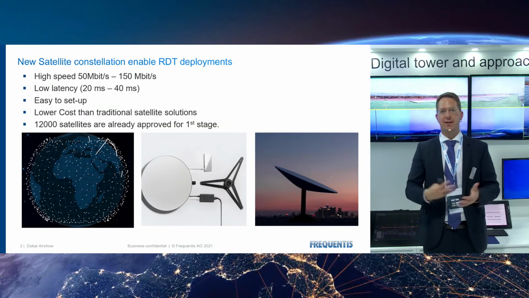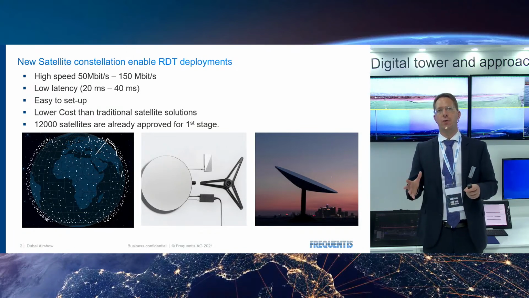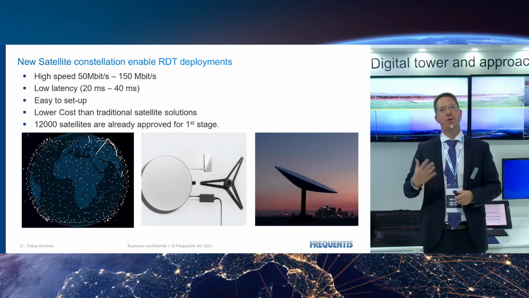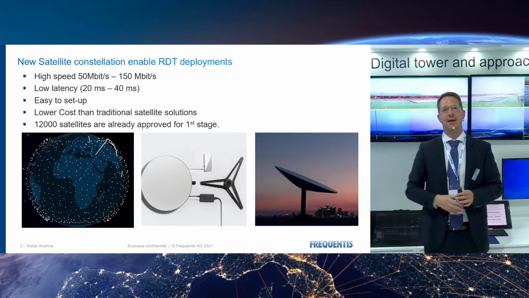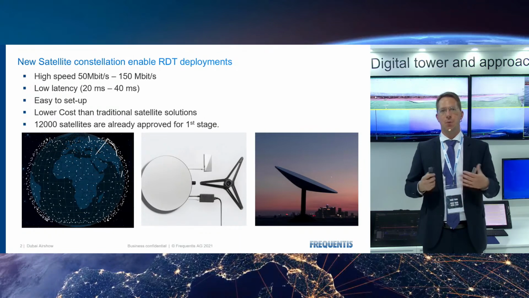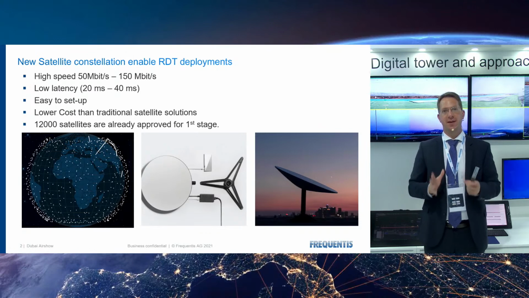They are easy to set up, and they are also redundant in itself. So basically in the future we will see the possibility that you can connect a remote tower with a redundant connection via satellite network. Also, if you have only a single landline, then a satellite connection would be the perfect fit for a redundant connectivity.